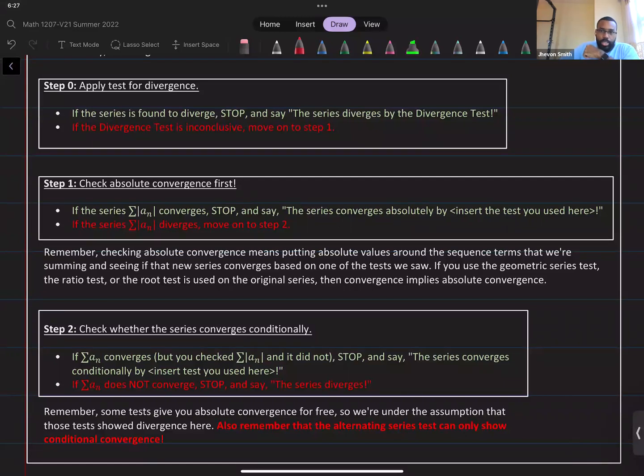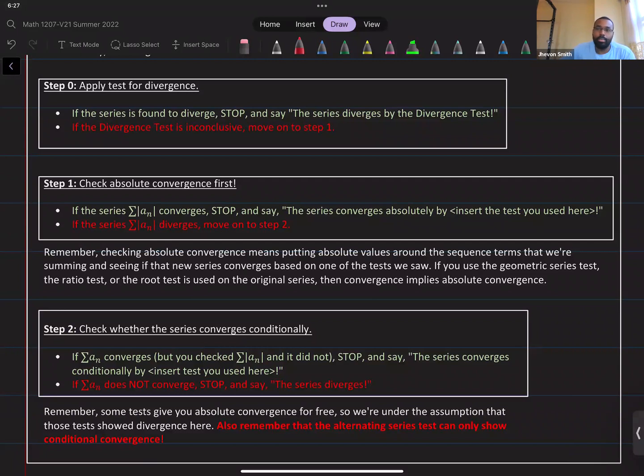Remember what the test for divergence is. You take the limit as n approaches infinity of the a_n term, of the sequence term. If that is not equal to 0, then the series diverges. And that is the only thing you can conclude. That is the only situation in which you can make a conclusion.